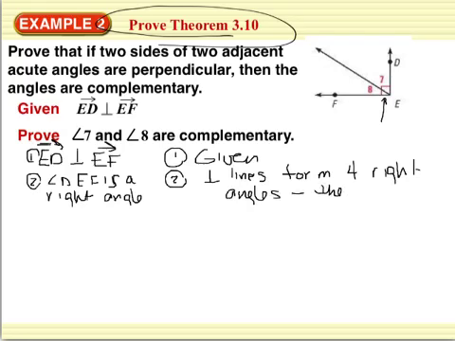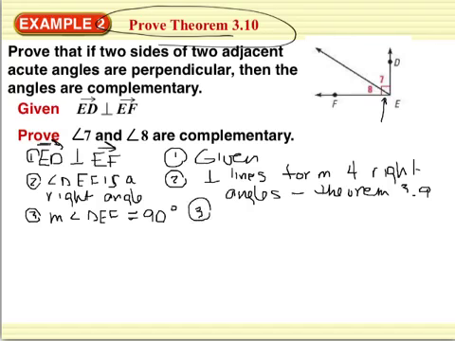Okay, theorem. This might be one where I actually write the theorem because that's a lot of writing. Theorem 3.9. Okay, we also know that the measure of angle DEF is 90 degrees.